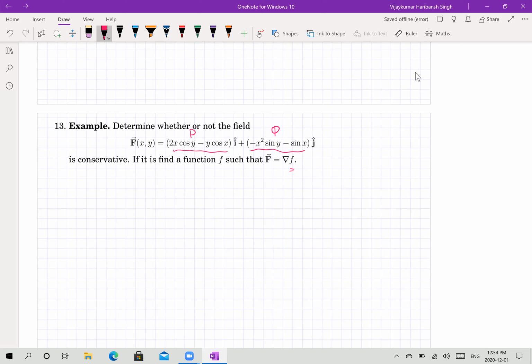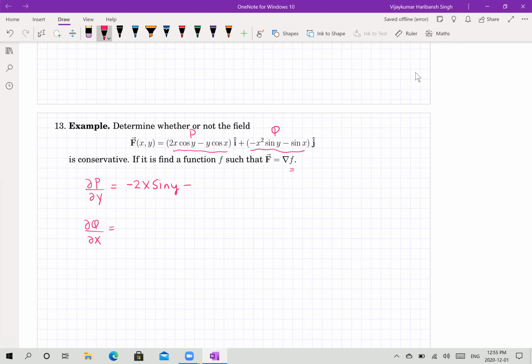Now we need to look at ∂P/∂x, ∂P/∂y, and ∂Q/∂x. So these partial derivatives, and see if they are equal. So let's see. The derivative of this with respect to y is going to be minus 2x sin y.